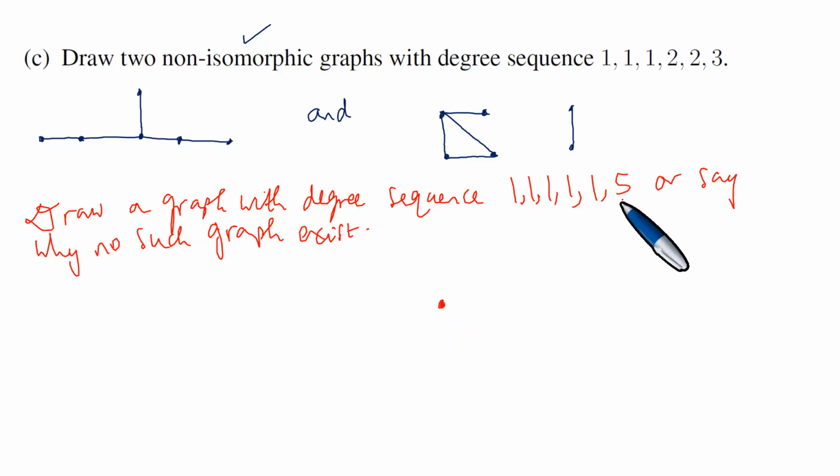It must have degree 5. You must have one vertex of degree 5, so 1, 2, 3, 4, 5. This vertex must have degree 5. Then we have the other vertices of degree 1, which are 5 of them. So it becomes possible to easily construct the graph. Yes, we are in a position to construct this graph.